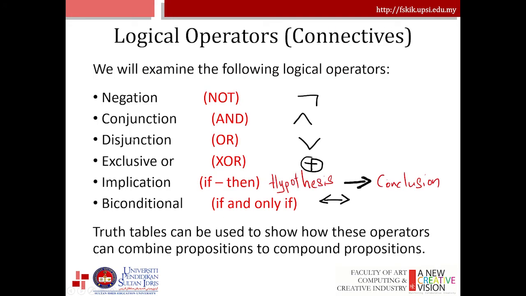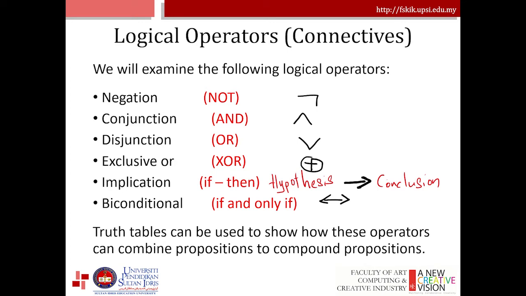And then we go again to the logical operators. We can have the connectives. We can see here we have certain symbols for negation, not; for conjunction, and; for disjunction, or; and exclusive XOR. We can see the symbols there, and then we can have the implication that we have discussed in part 1, if then.